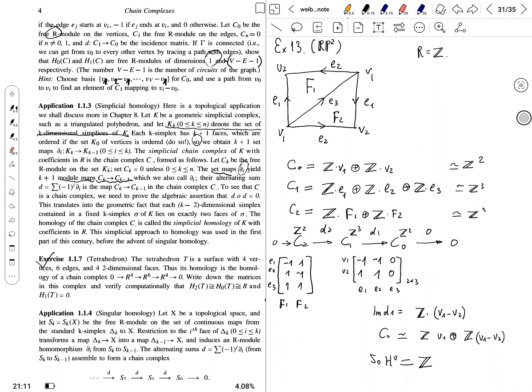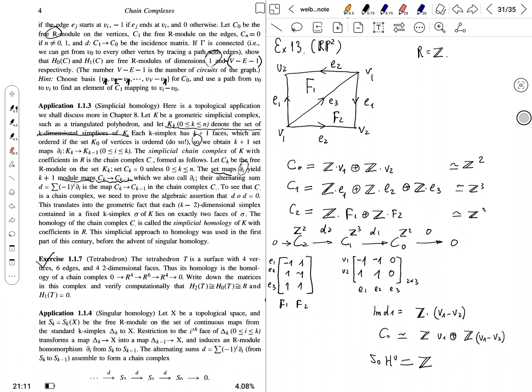So let's take R to be the ring of integers Z. Recall that this RP2 could be represented by the following diagram.